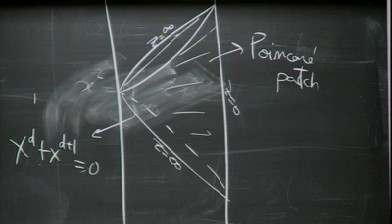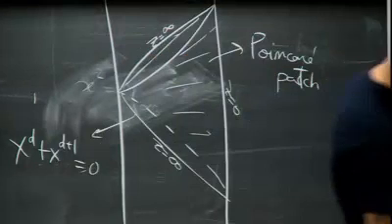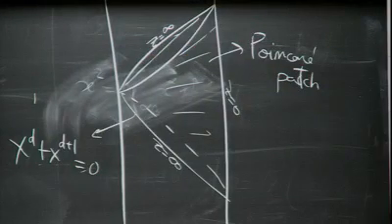In Euclidean signature, that distinction doesn't make much sense. Good. Any question about this? Yes. It's a boundary condition that you impose, with a natural boundary condition.